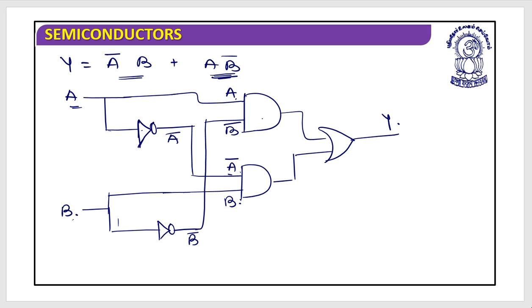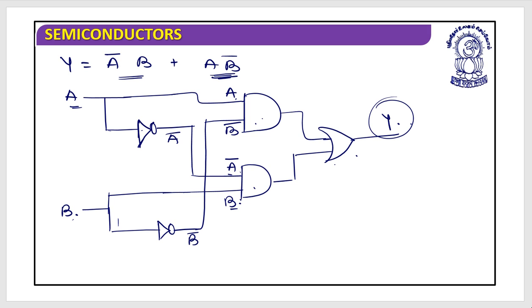This is basically an AND operation of A bar and B, and I'm performing OR operation of these two. That means it is the final output. I hope this is clear. Is it clear? Do you understand this? Have you got this? Are you sure? Great. So any doubts? No?